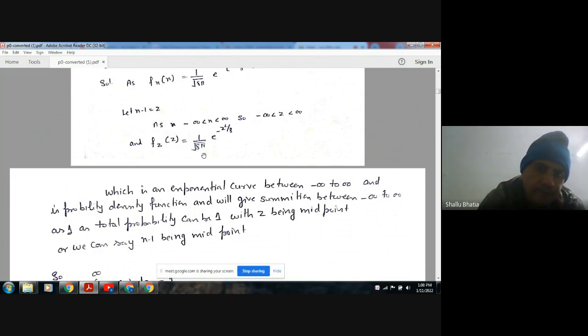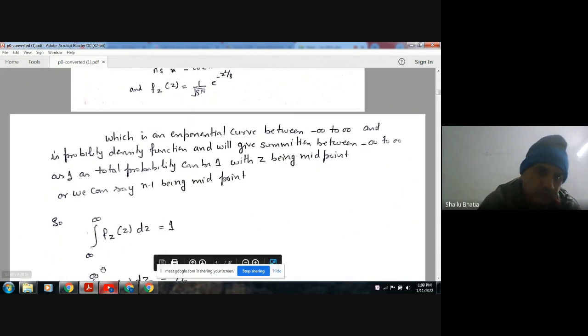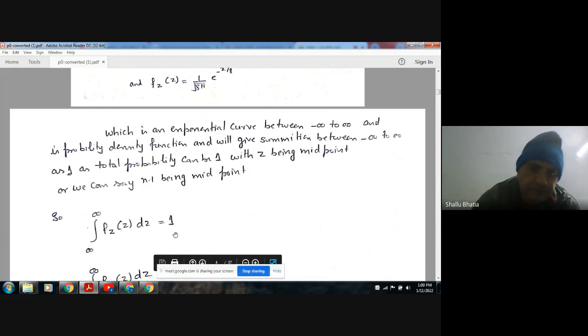This is a symmetric function about z equal to 0, from minus infinity to 0 and from 0 to plus infinity. If we multiply by dz and integrate, as it is a probability function, the total probability should be 1, because total probability cannot be more than 1. So the integral of f_Z(z) dz from minus infinity to infinity should equal 1.